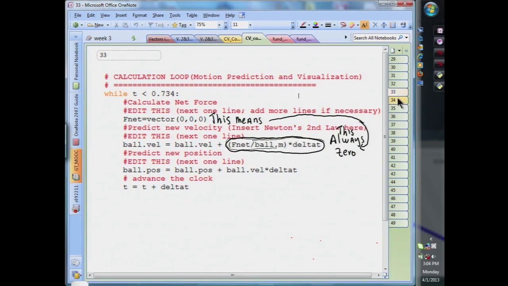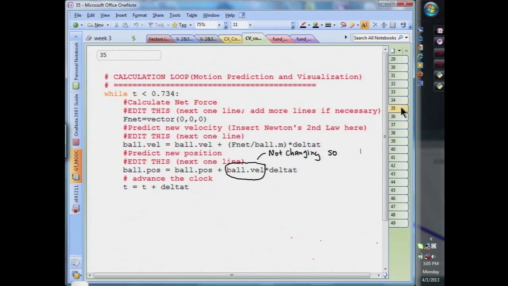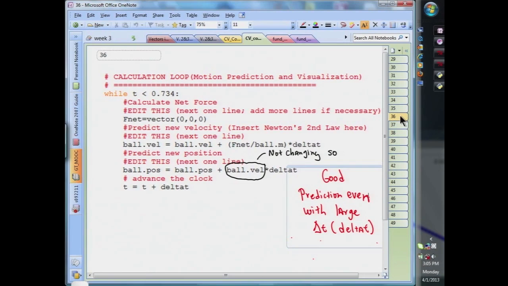So we see that, in fact, the object's mass, in this particular case, plays no role in the prediction. Moreover, because this leads to constant velocity, our position predictions would still be good in this particular case, regardless of how large delta t is.